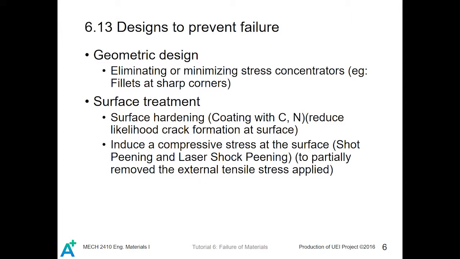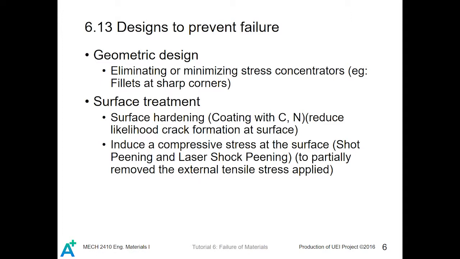The second method is surface treatment. Crack formation at the surface is likely to happen in the usage of designed products or objects. As we have already introduced, small cracks which are not visible to the naked eye will still affect the maximum stress we can apply to that object, by the definition of fracture toughness.